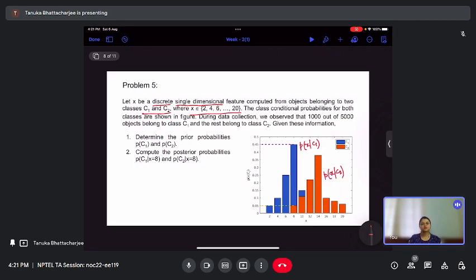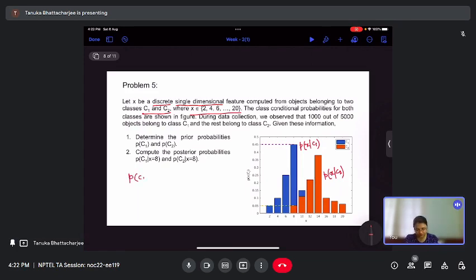The prior probability means the probability of that particular class in the prior data, the data that you already have. That is based on prior knowledge. So this is simply a computation of probability.